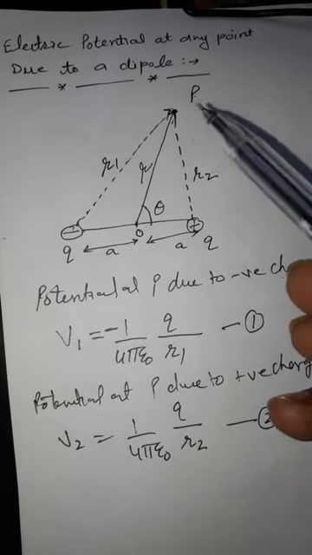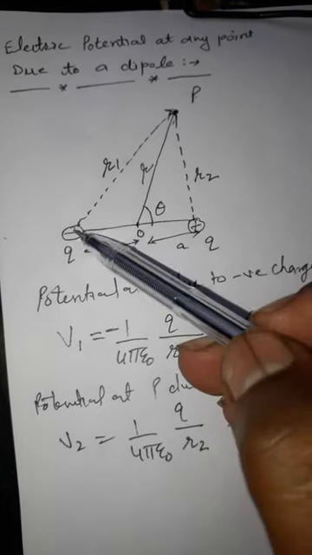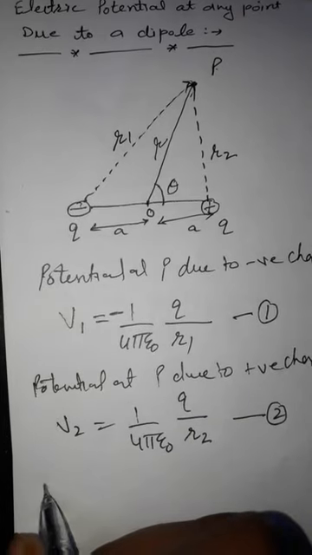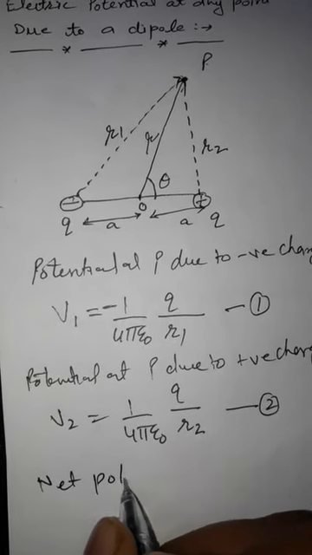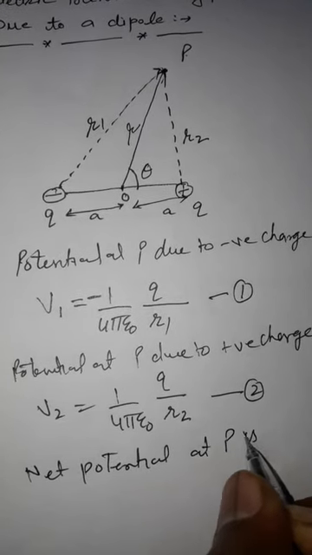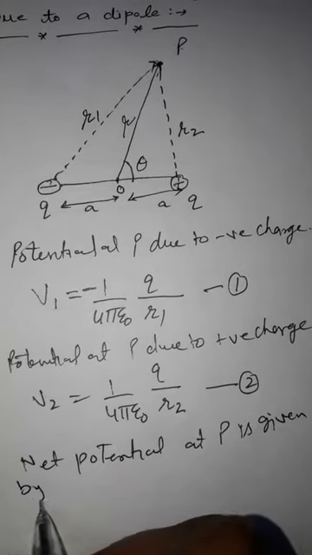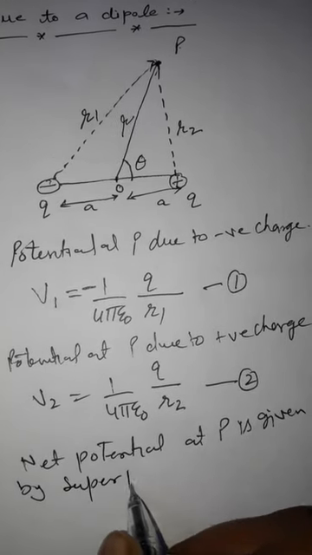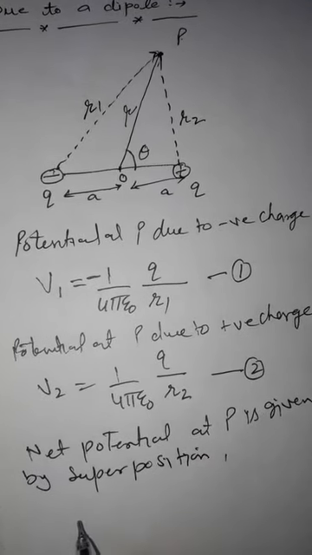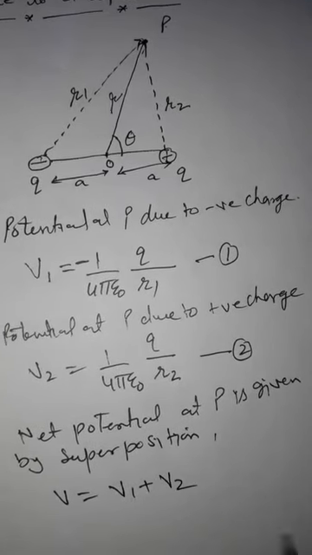Now, due to the superposition principle, the potential at point P is the sum of the potentials V1 and V2. So the net potential at P is given by superposition, which is V equal to V1 plus V2.